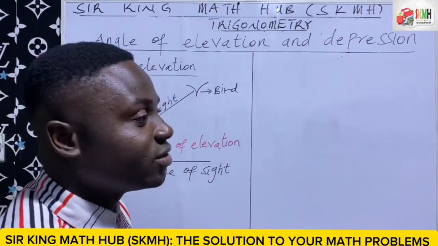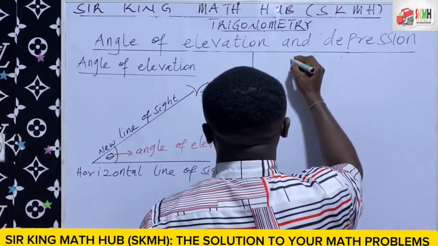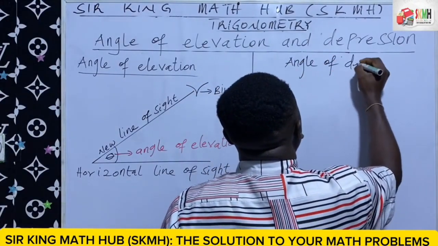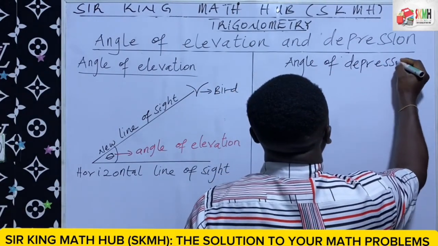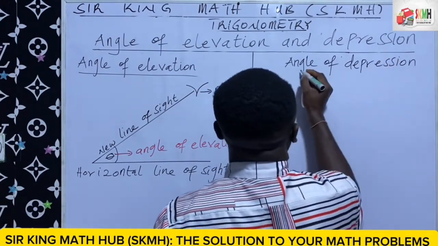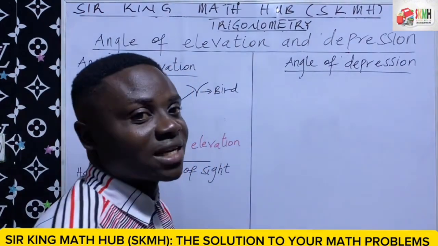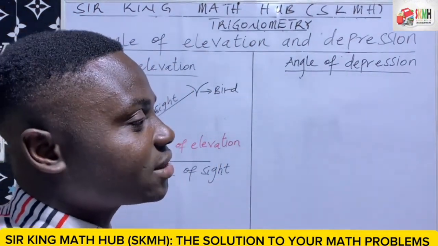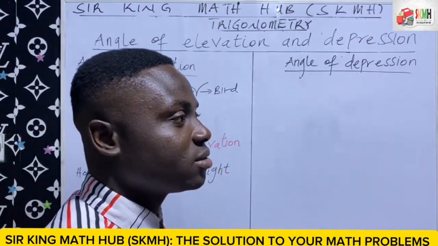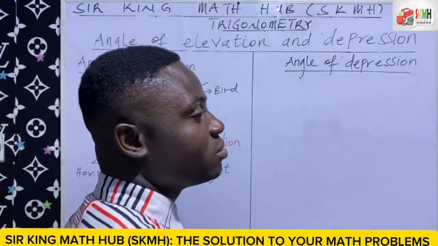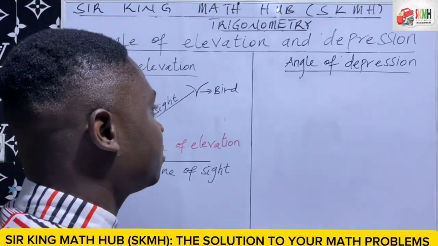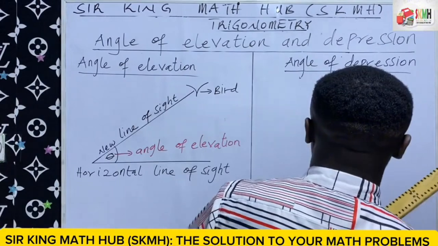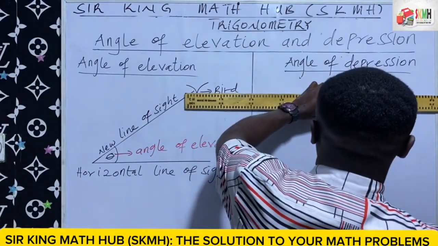Now, angle of depression. As I said, as humans, when we position our head in the normal position and we view an object in front of us, we create a line of sight.